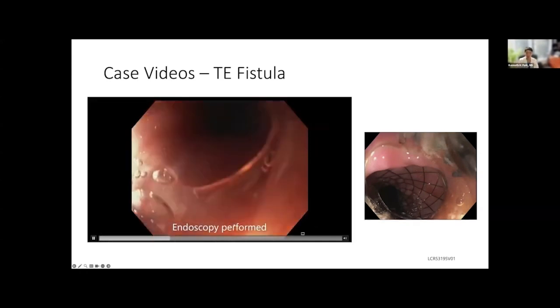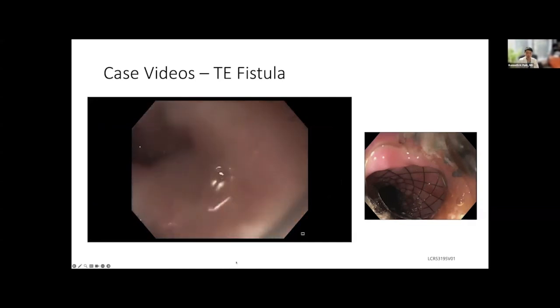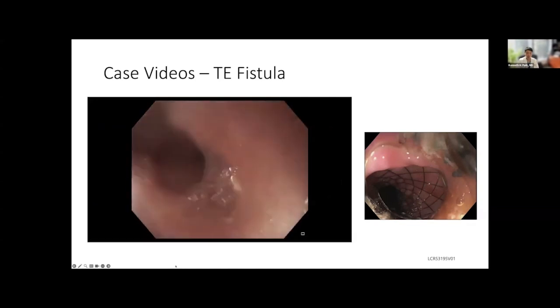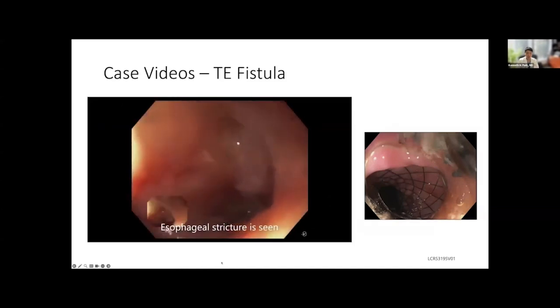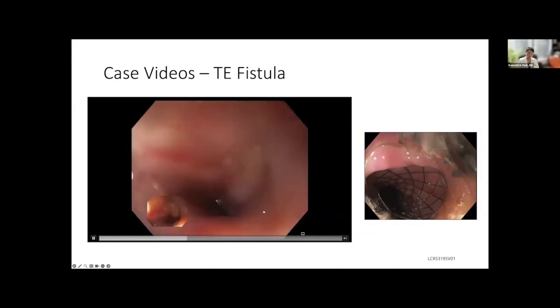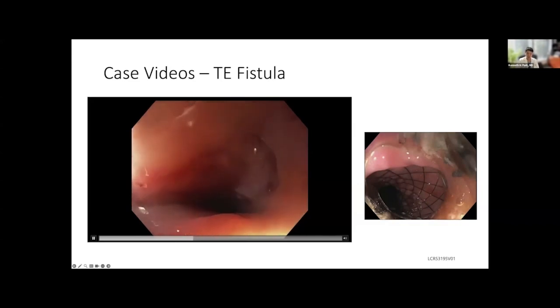So we performed an endoscopy, going toward the mid-esophagus, and we notice a stricture coming up. This is likely at the area of the tumor. And you can see a little divot here, which is always suspicious for fistula.